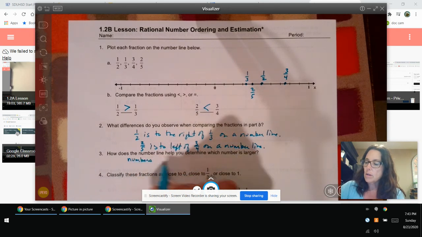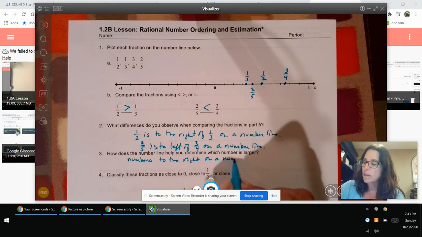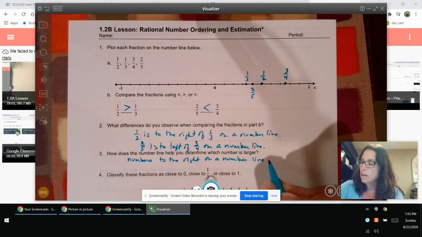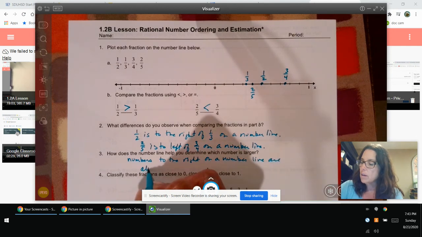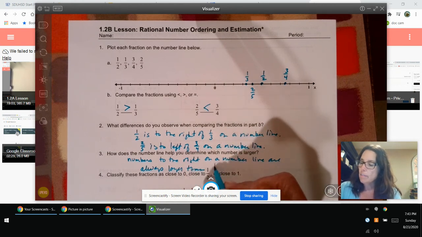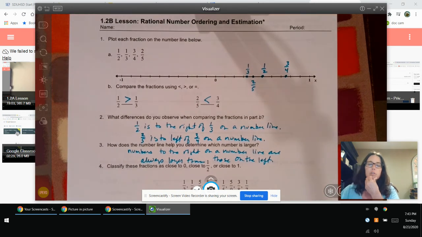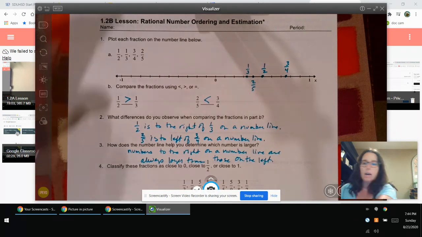Numbers to the right on a number line are always larger than those on the left. So there's a generic statement that's true for any number on a number line.